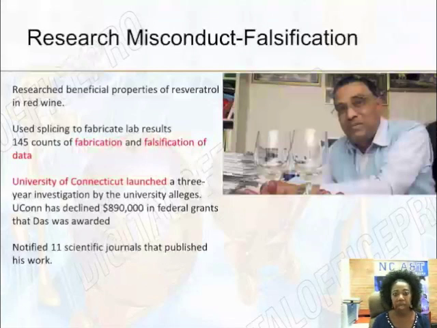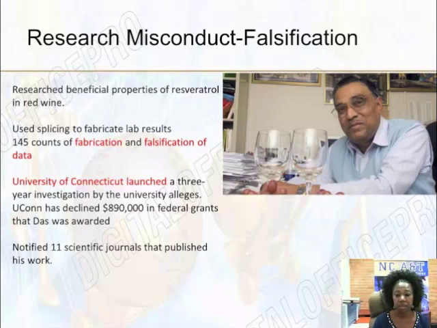Case in point for research misconduct: this gentleman was the lead investigator on a study involving the beneficial properties of resveratrol in red wine. He had some astounding results. For years we believed that there were positive effects of resveratrol in red wine, so people thought that if you take red wine once a day, it was good for your heart.